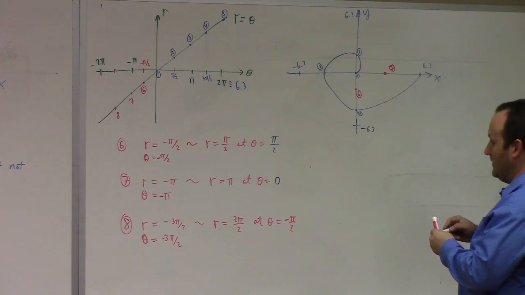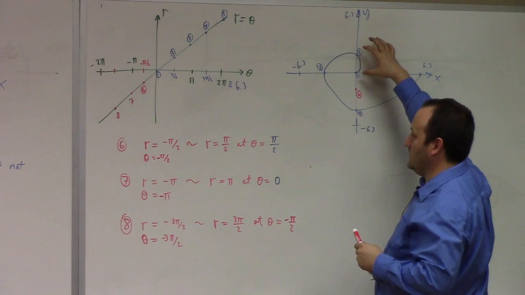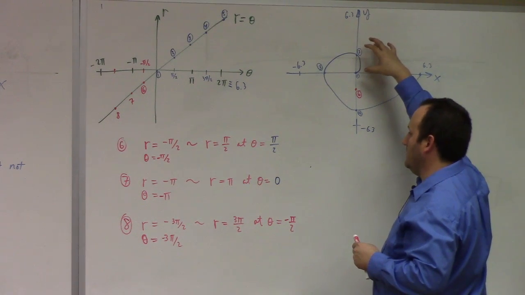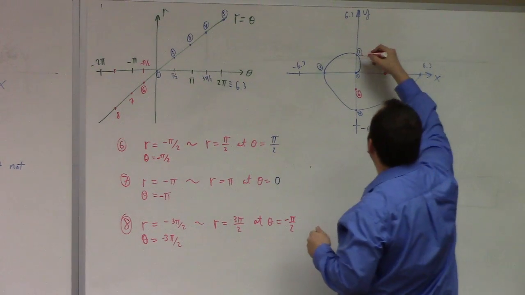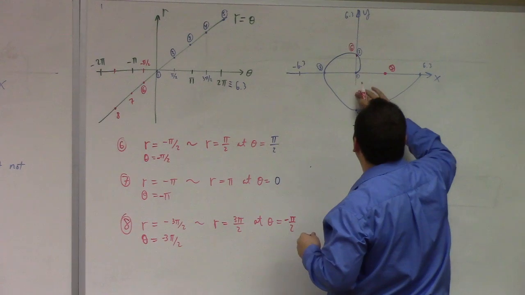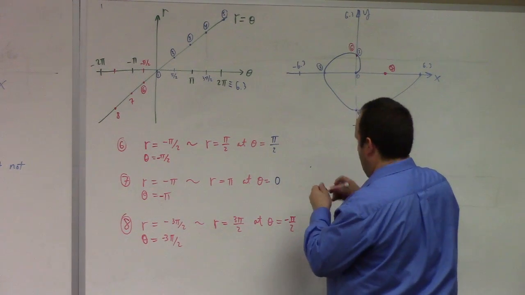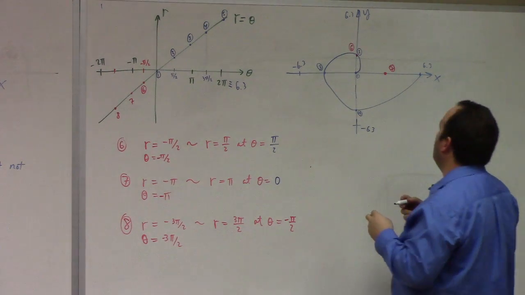Theta equals pi over 2. Oh, same point, all right. So that actually is 6 as well. All right, very good, thank you. That saved us from having a disaster in about 3 minutes from now.